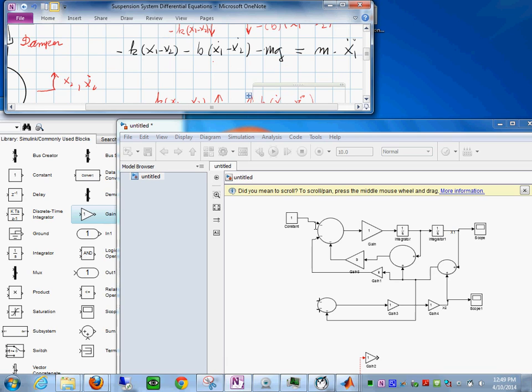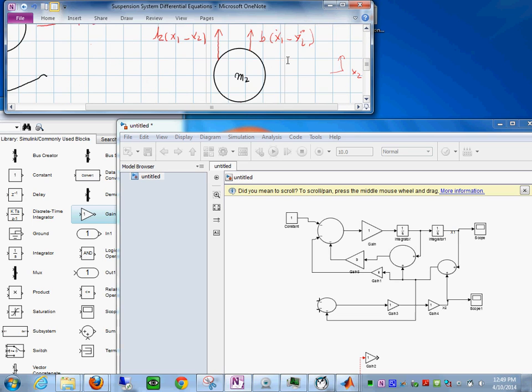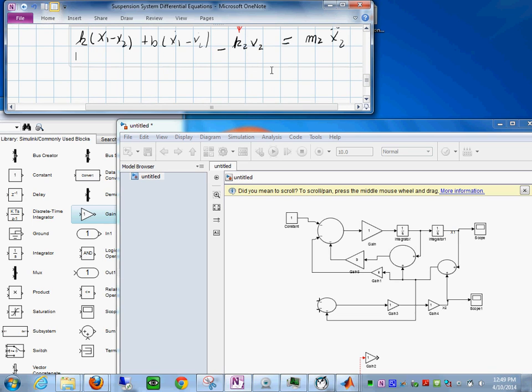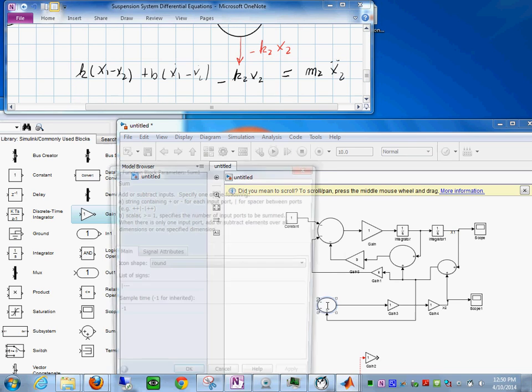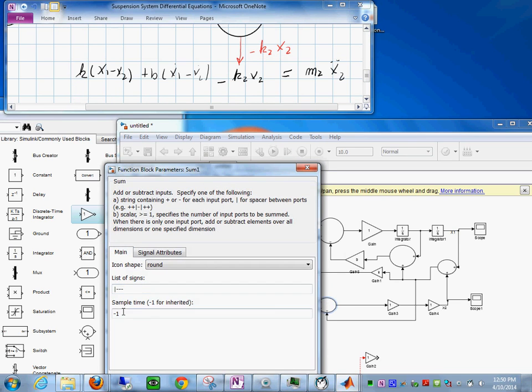We have this negative, this other negative here. This is perfectly fine. The second one is the one where I need to make sure these things are positive in here, x1 minus x2. The third is the term on the left hand side, and this is going to be a plus, the last one.